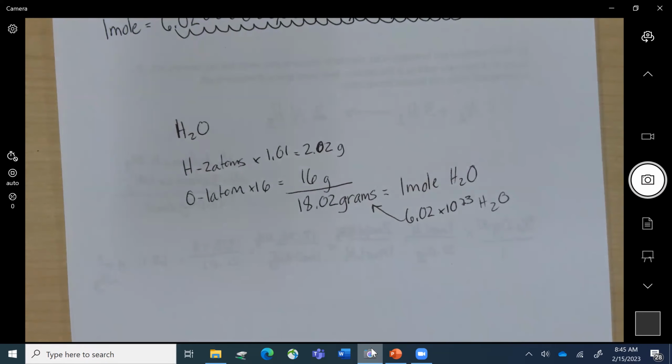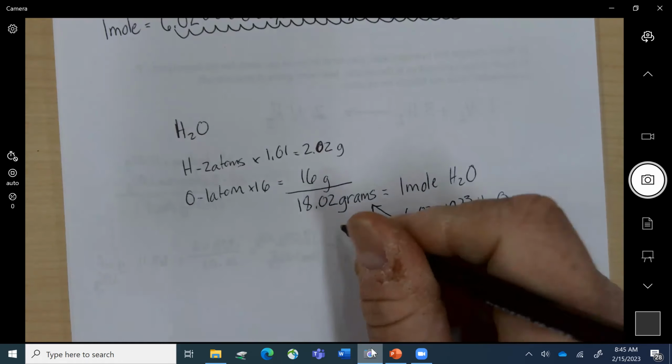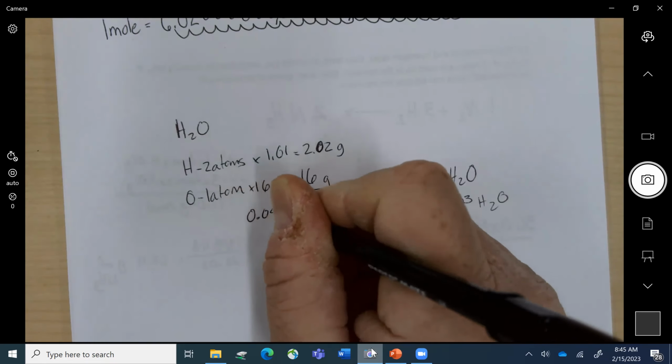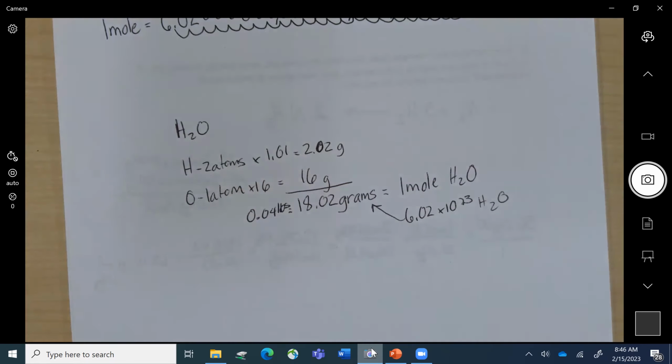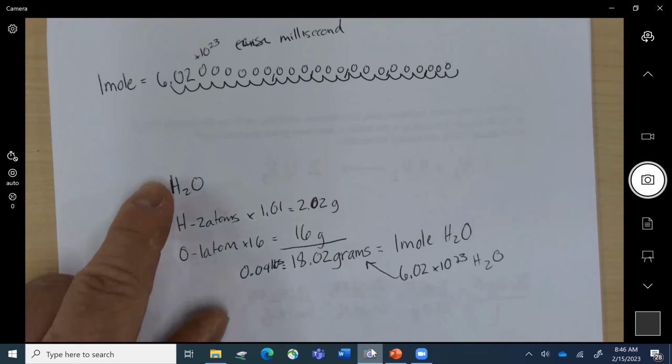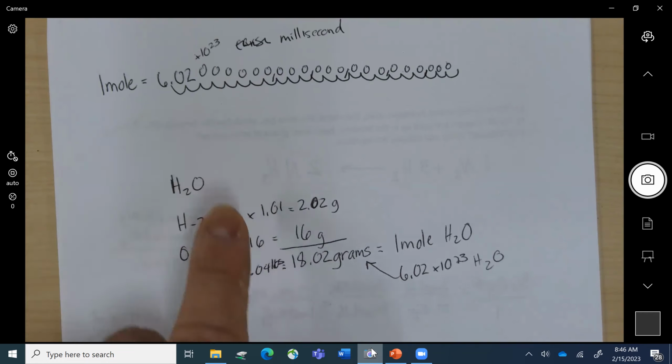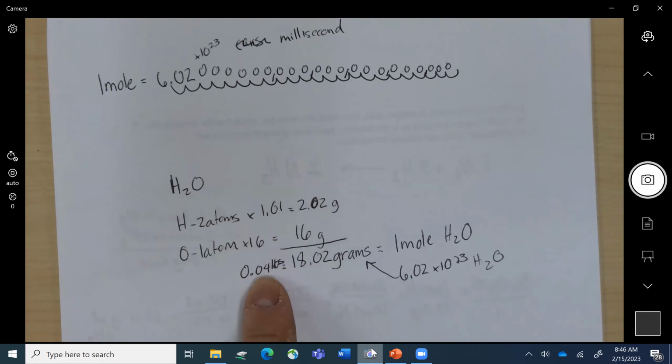Some people like to think of this in pounds, so this is equal to 0.04 pounds, just so you're aware. It takes this many water molecules to equal 18 grams, which is only 0.04 pounds.